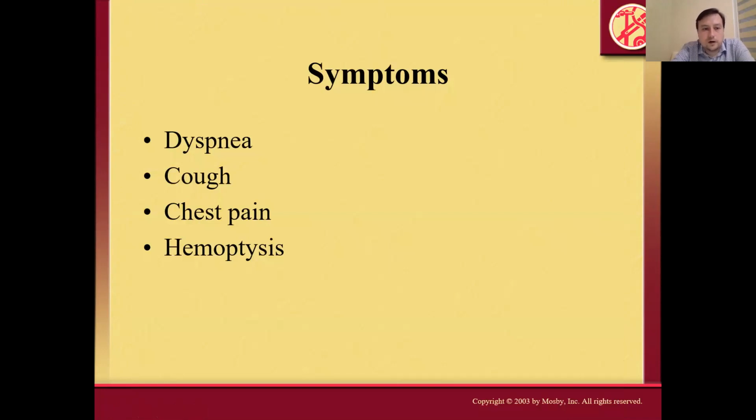So, to the main part of the lecture, and first of all, the symptoms of respiratory diseases. The main symptoms are dyspnea, cough, chest pain, and hemoptysis. As you remember from the previous lessons and lectures, we have main symptoms and additional symptoms. So there are 4 main symptoms of respiratory disease.